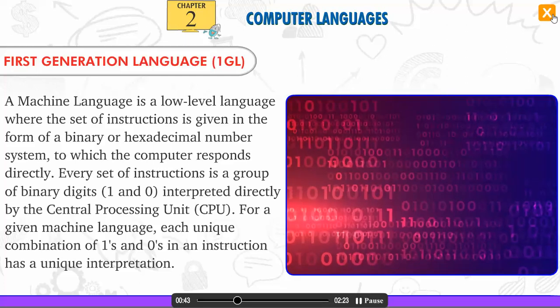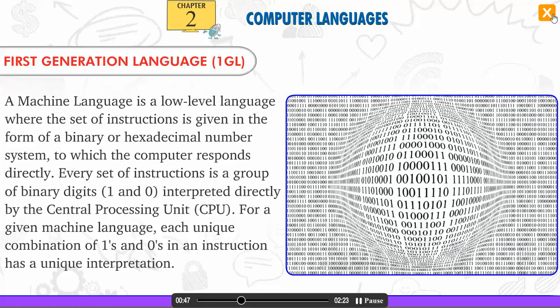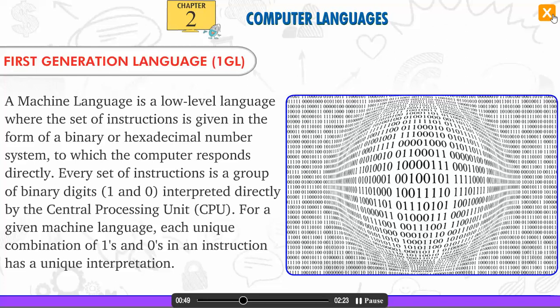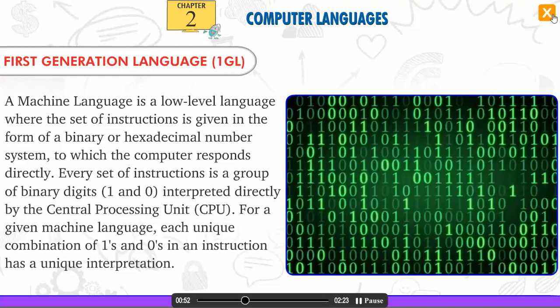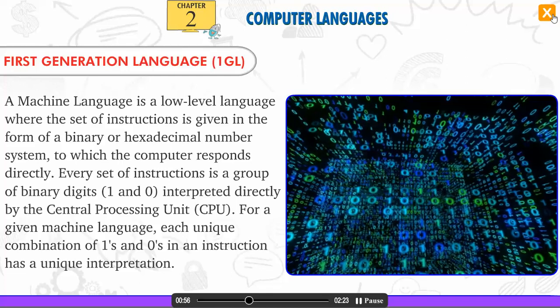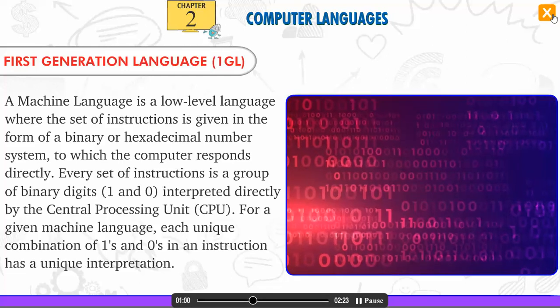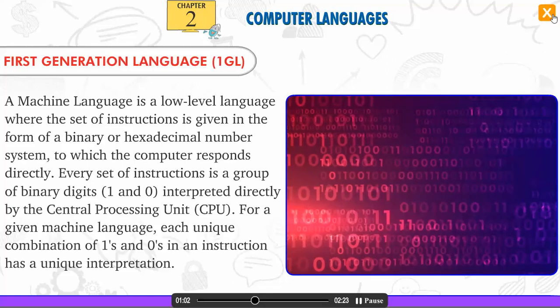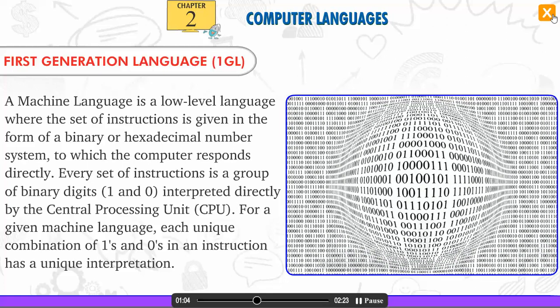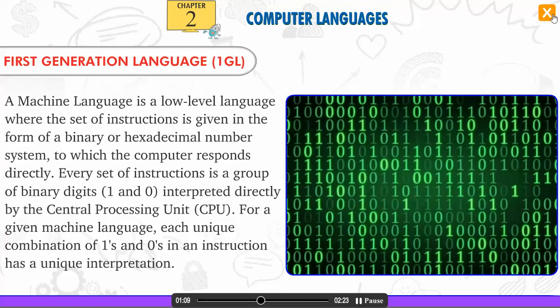Every set of instructions is a group of binary digits 1 and 0 interpreted directly by the Central Processing Unit, CPU. For a given machine language, each unique combination of ones and zeros in an instruction has a unique interpretation.